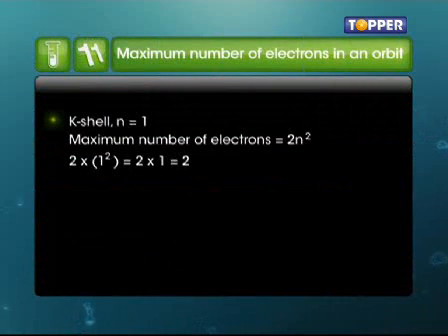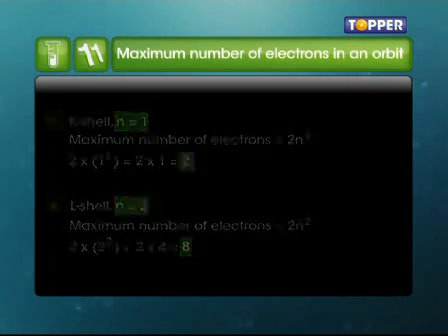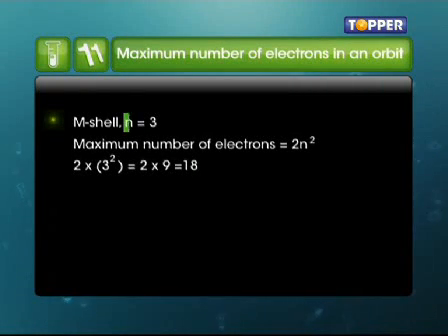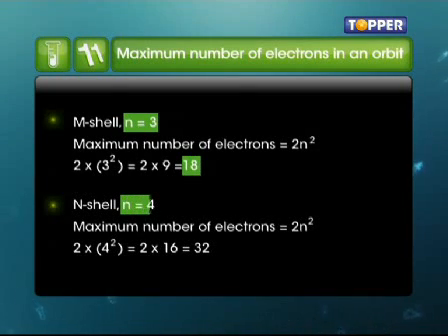The first orbit or K shell has a maximum of 2 electrons. The second orbit or L shell has a maximum of 8 electrons. For the third orbit or M shell, the maximum number of electrons is 18. The fourth orbit or N shell will have maximum 32 electrons.